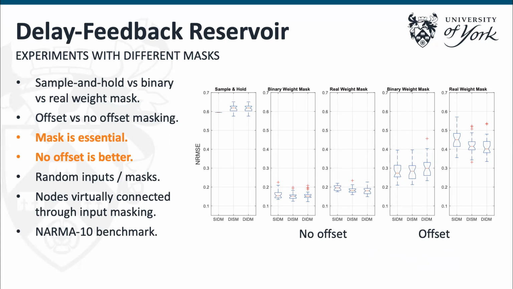Then we do a number of runs, and you see there's no significant difference, which is good news. I don't want the system to be specific to a specific mask or a specific input. It's not the case. So that's quite nice. So you can cut down on the number of internal connections, and potentially on the number of inputs and outputs.